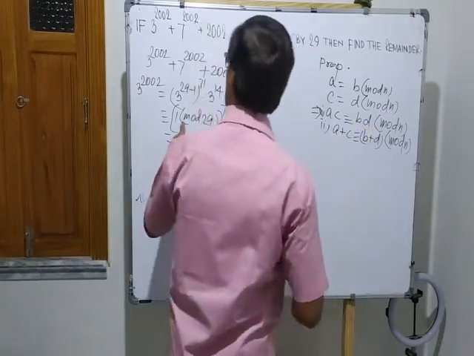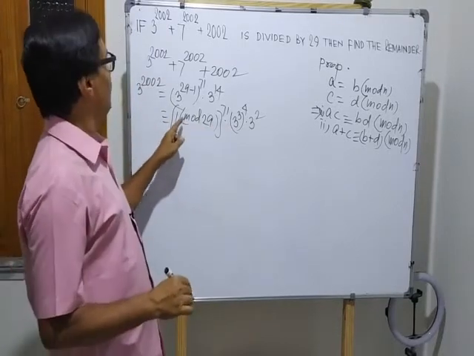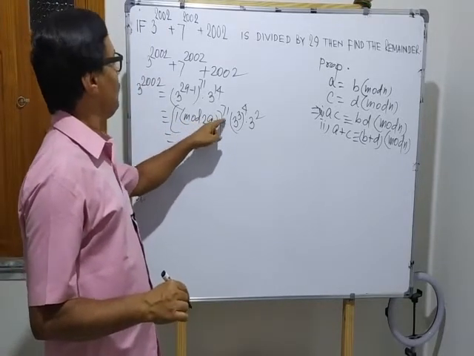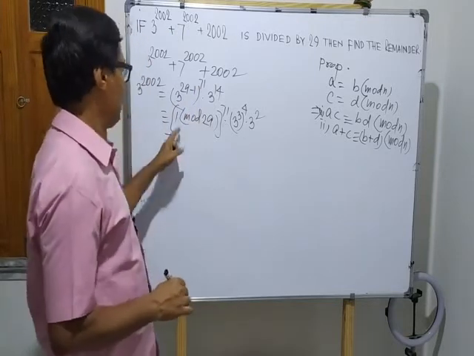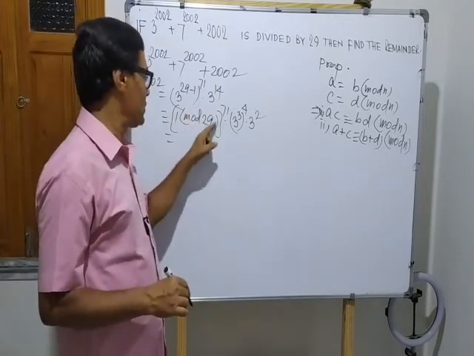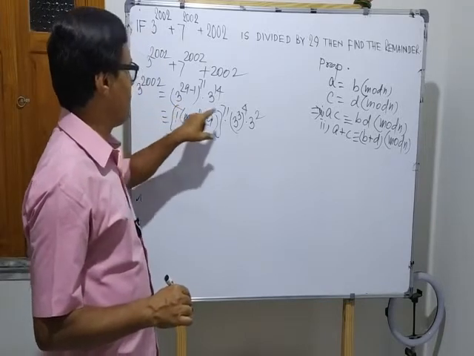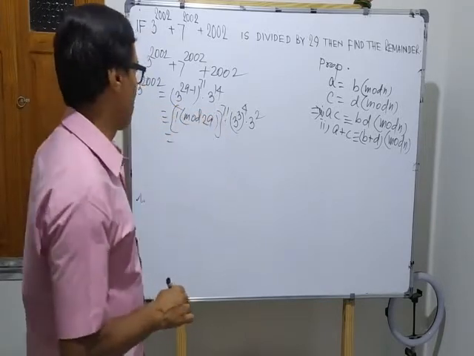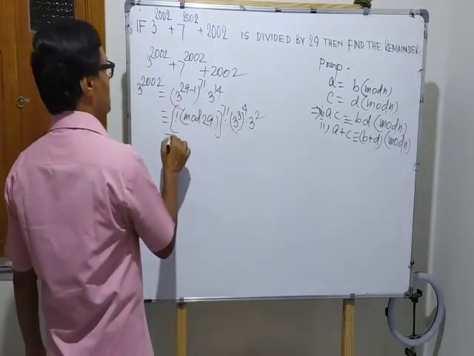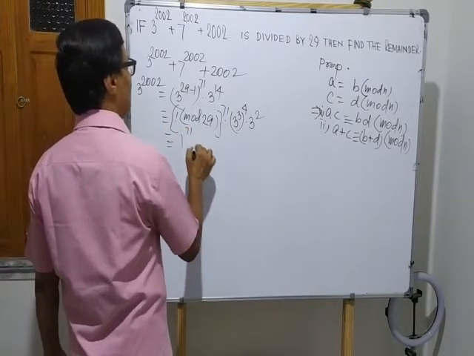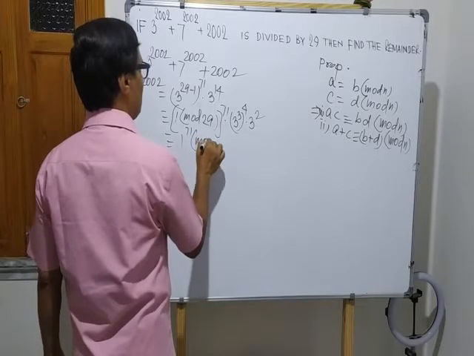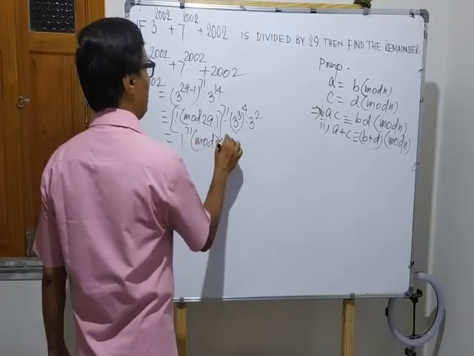So this is equivalent to 1 to the power 71 modulo 29.